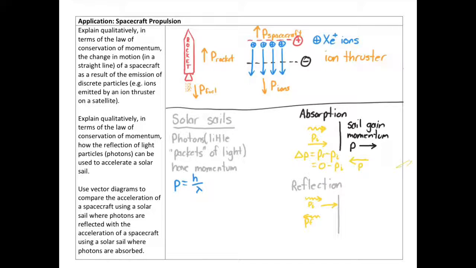PF would be down here. If we work out our change in momentum equals PF minus PI, what we get is PF, so I've just transferred that PF from there, minus PI, so it's plus minus PI, do the opposite with a vector, minus PI.